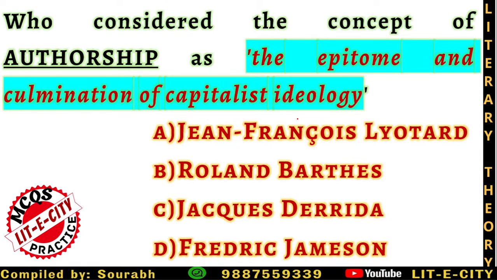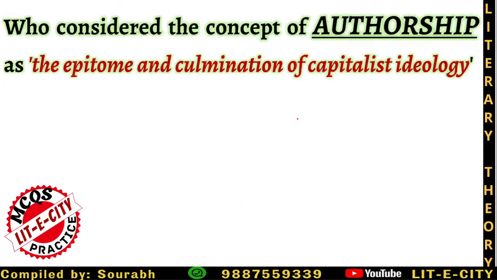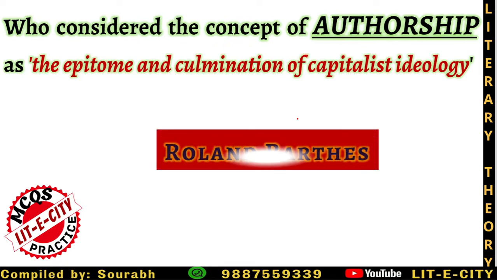But this particular critic who called an author the epitome and culmination of capitalist ideology is Roland Barthes. Yes, the man who wrote Death of the Author, in which he basically pointed out that no text is authored, every text is open, with multiple points, and one reader can enter into a text from any point.